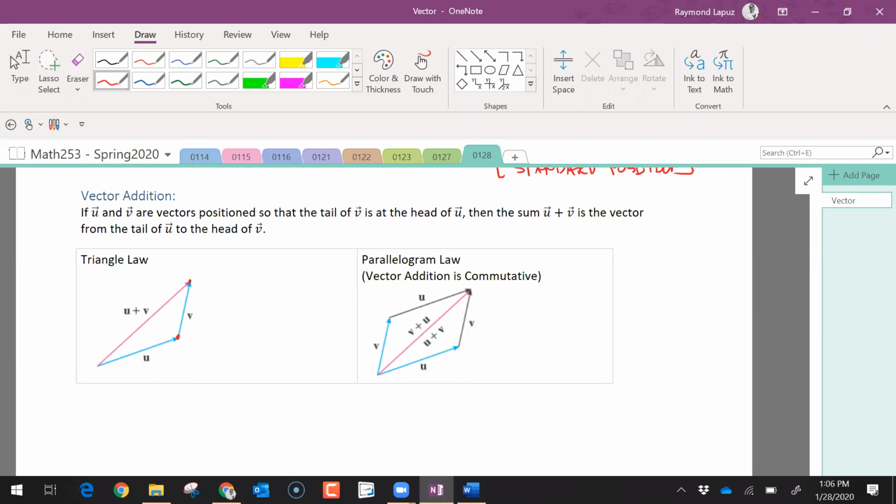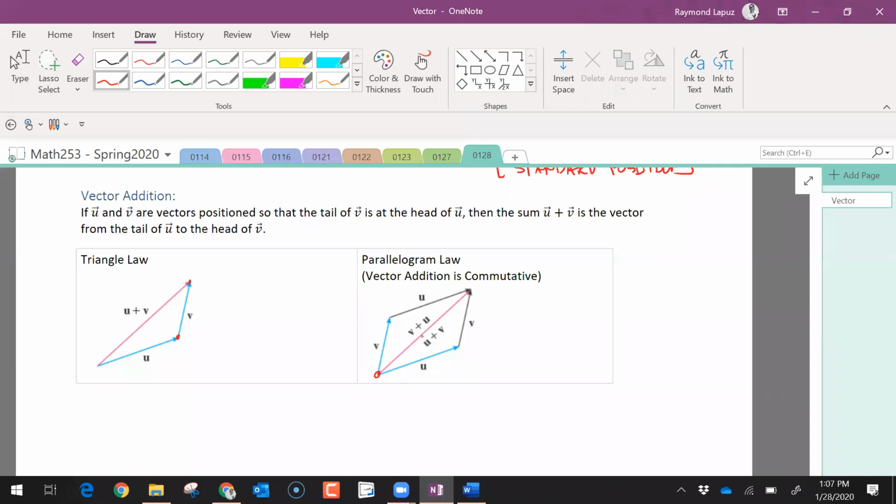We can see that if we take u and v and form a parallelogram out of it, then this diagonal from where the tails start turns out to be the diagonal of that parallelogram.